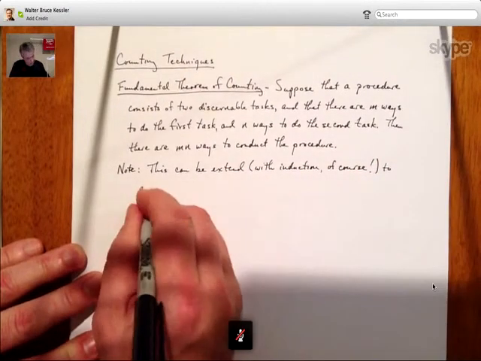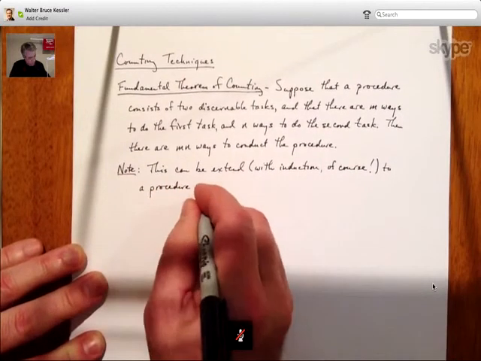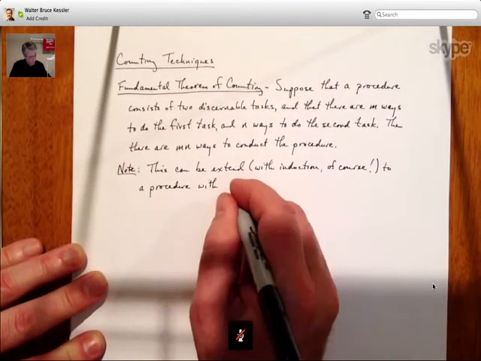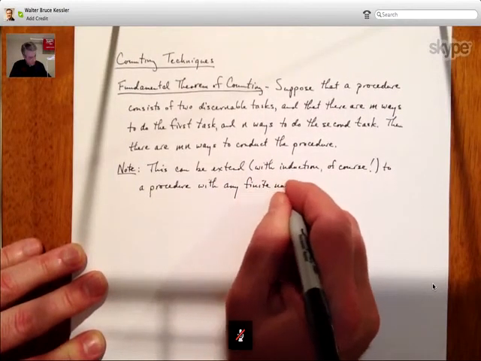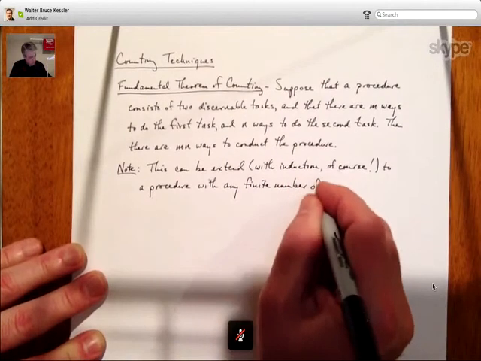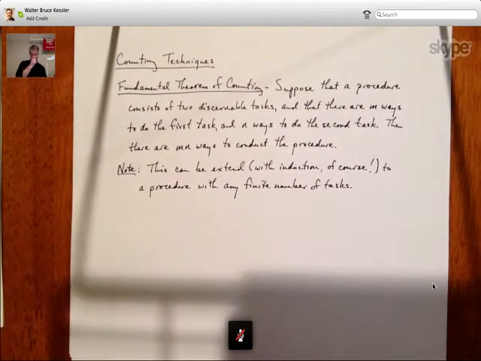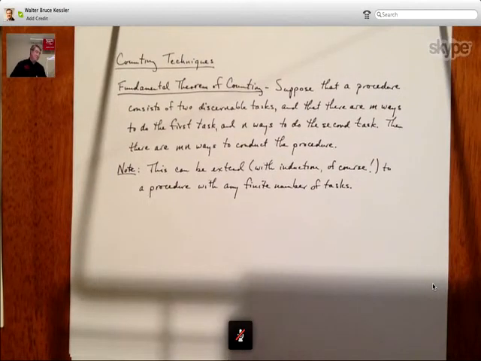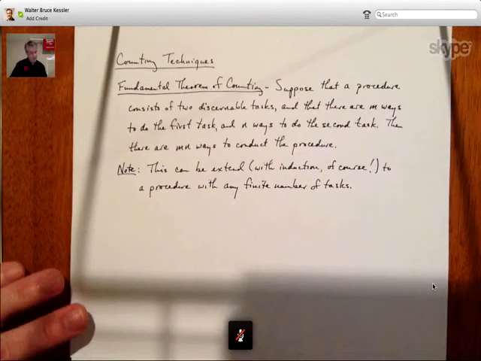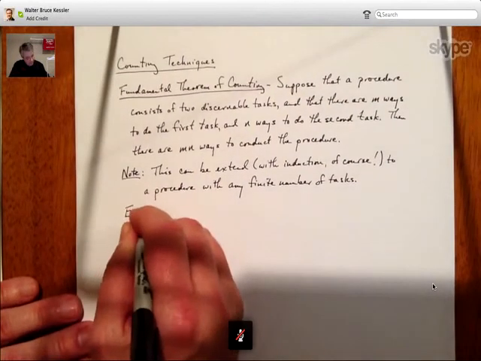To a procedure with any finite number of tasks. We take the first one and then say, suppose it works for K tasks, and then you add one more and apply the first one. So it's not hard to do. I'll restate it for us though.